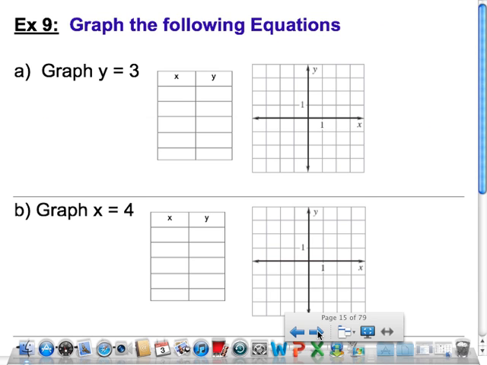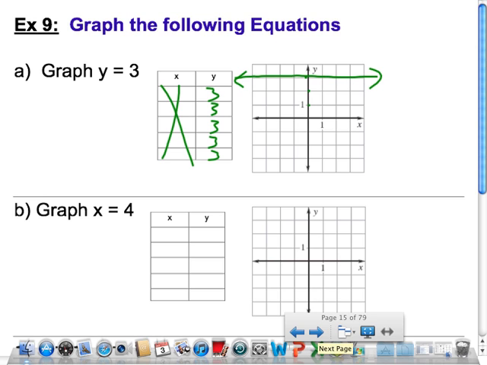So example 9 here, we're going to look at graphing equations. We want to graph y equals 3. Doesn't matter what your x is, your y's are all going to be 3. You can plug in whatever you want. So you go to y equals 3, 1, 2, 3, and you draw a horizontal line through that.